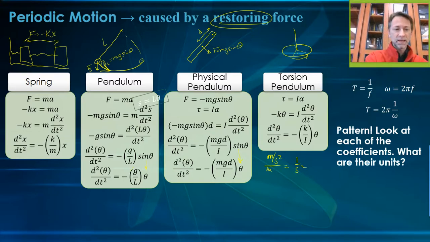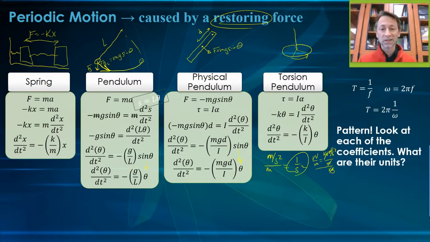Same thing if I take k over m. Well, remember, k is going to be newtons per meter. Well, remember, newtons are kilogram meters per second squared, divided by meters. And if I divide that by another kilogram, my meters cancel out, my kilograms cancel out, and I'm left with that 1 over second squared.